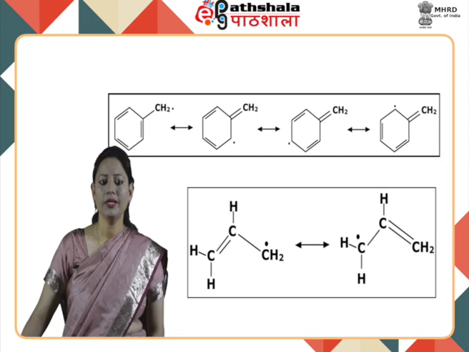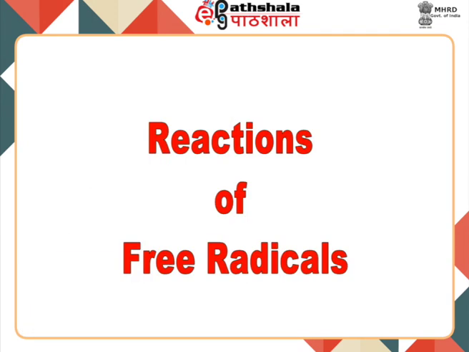Allyl and benzyl free radicals are more stable than alkyl free radicals, but still have only a transient existence under ordinary conditions. Here we can see the resonance in allyl free radical, there are 2 such structures, and resonance in benzyl free radicals.